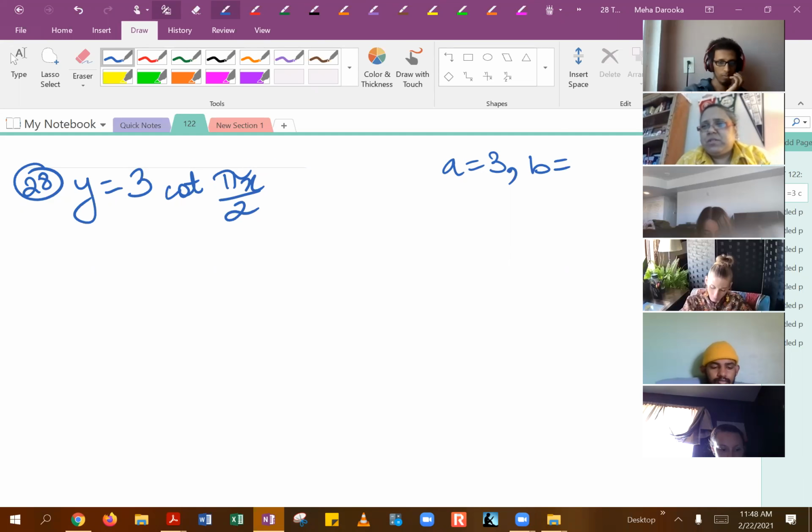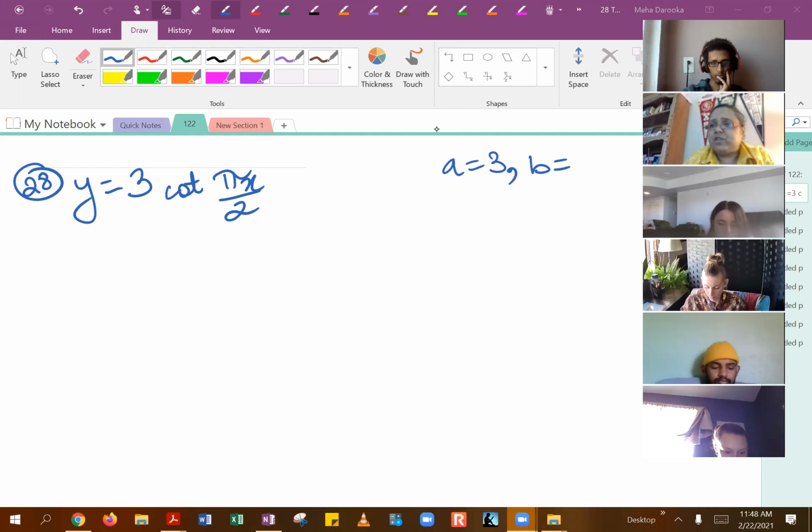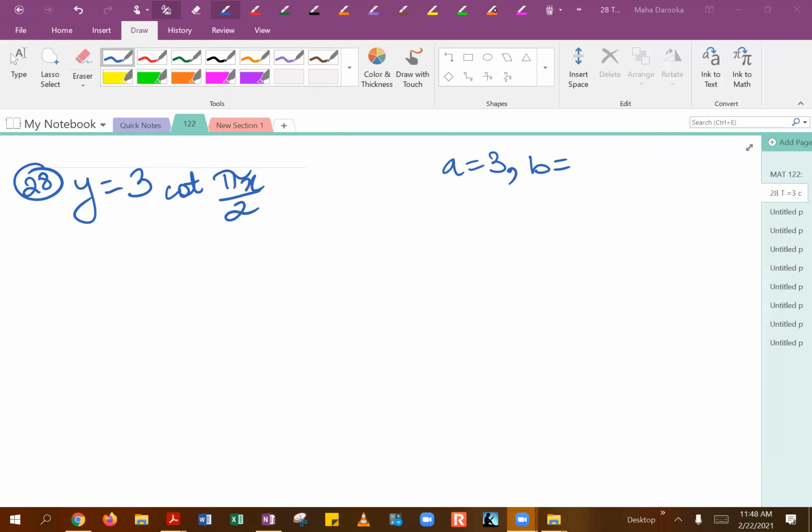Looking at the equation, what's our b value here? Yeah, very good. It is going to be that coefficient in front of the x. So in front of the x, we have pi over 2, and that's exactly what your b value is. All right, great job, guys.